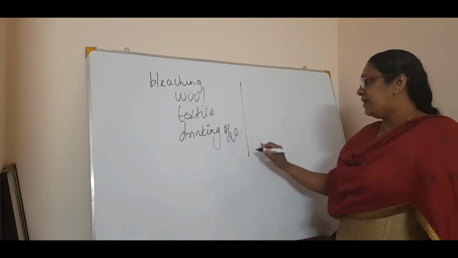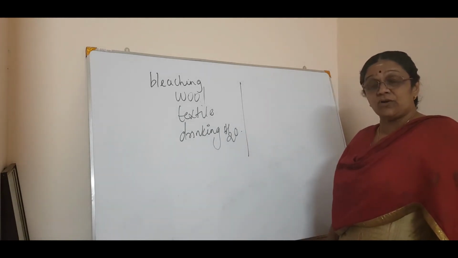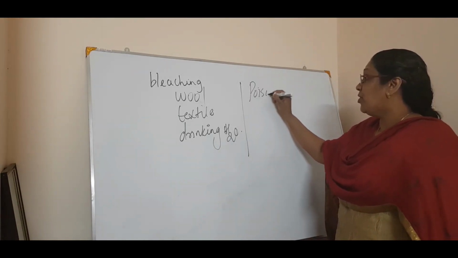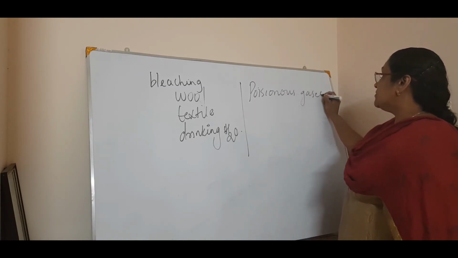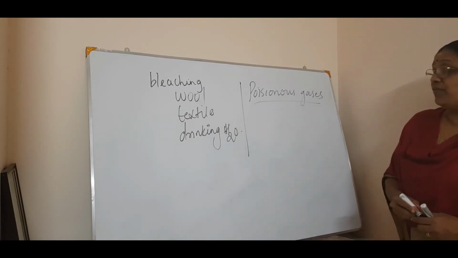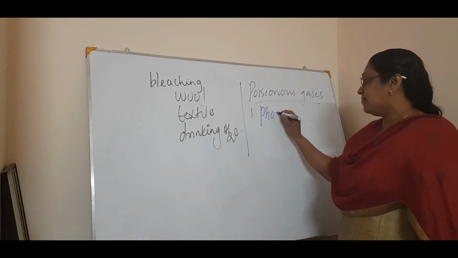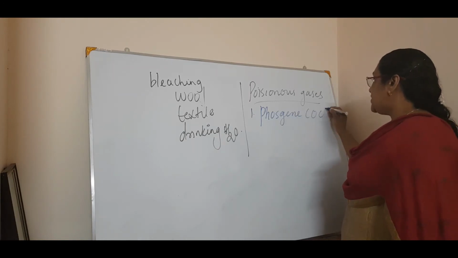Then another very important use is in the manufacture of some poisonous gases. Chlorine is used for poisonous gases. The first poisonous gas you have to study is phosgene. Phosgene is nothing but COCl2.